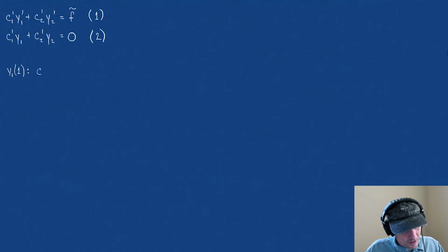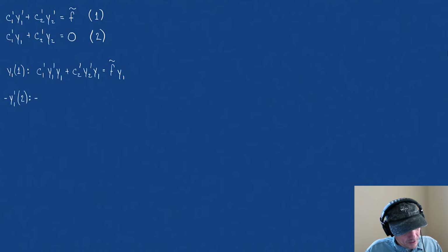So this is C1 prime, y1 prime, y1 plus C2 prime, y2 prime, y1 equals f tilde y1. And then let's take a minus y1 prime times equation 2.